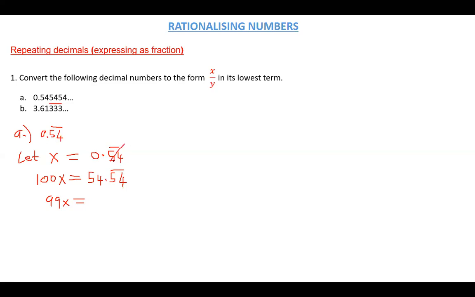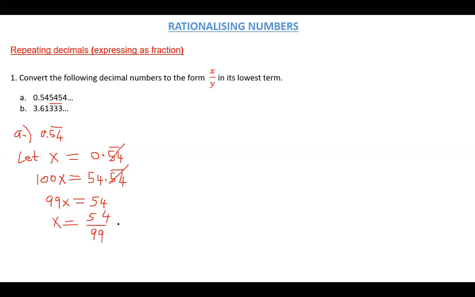The repeating parts cancel, because this minus that gives 0, meaning after the decimal points we're going to have zeros. So 54 minus 0 is just 54. So x is equal to 54 divided by 99.